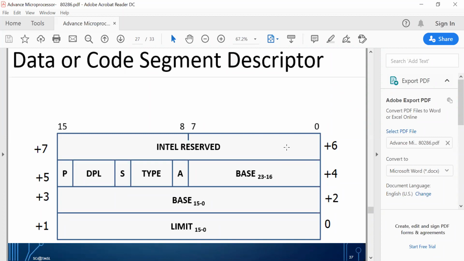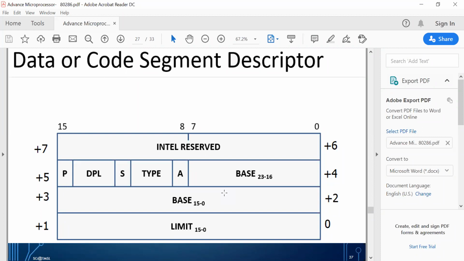The base and limit fields of the descriptor contain the information used for finding out the physical address of the program segment corresponding to the descriptor, at which the program segment is placed for the execution of the program.